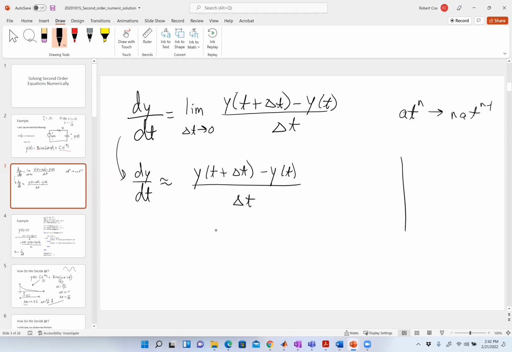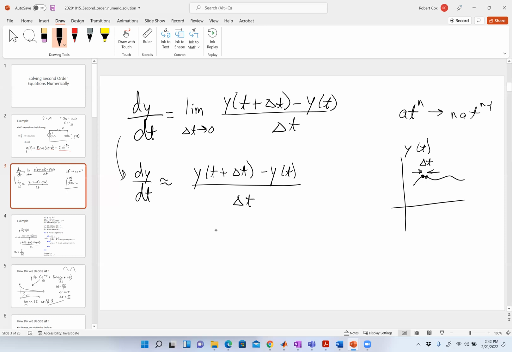All right. So if I'm looking at some general function y of t, and the time between points here is delta t, if I make that delta t small enough, then the derivative can be approximated by just taking two successive values and dividing by the time step.